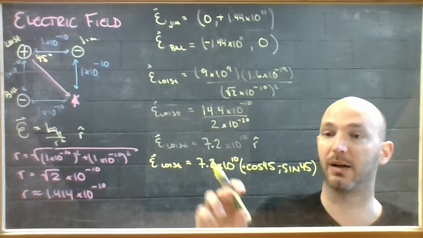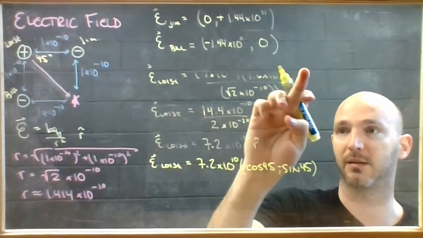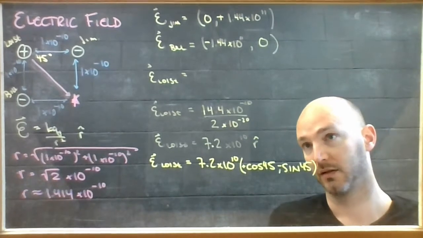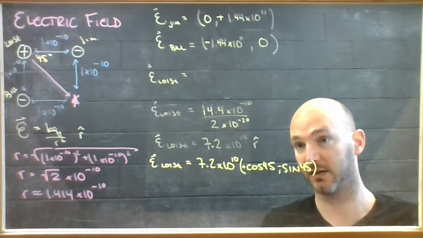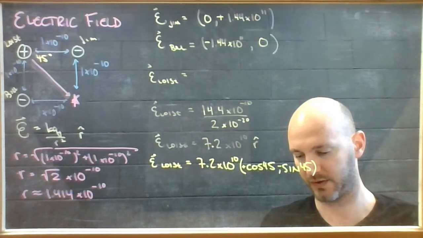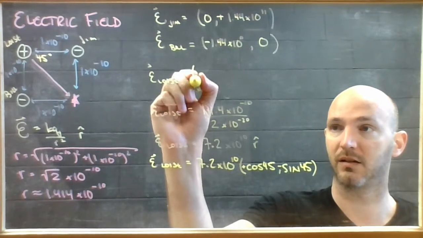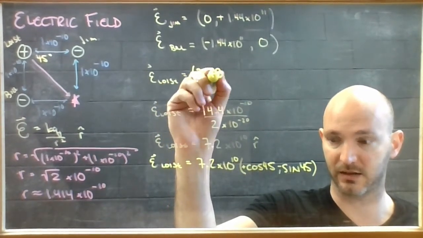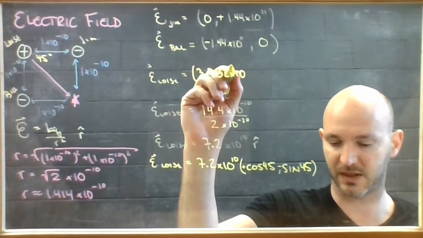Okay, so I'm just going to throw that in here, and I will write it up here as a combined bracket. So 7.2 times 10 to the 10 multiplied by cos 45 gives me positive 3.782 times 10 to the 10.